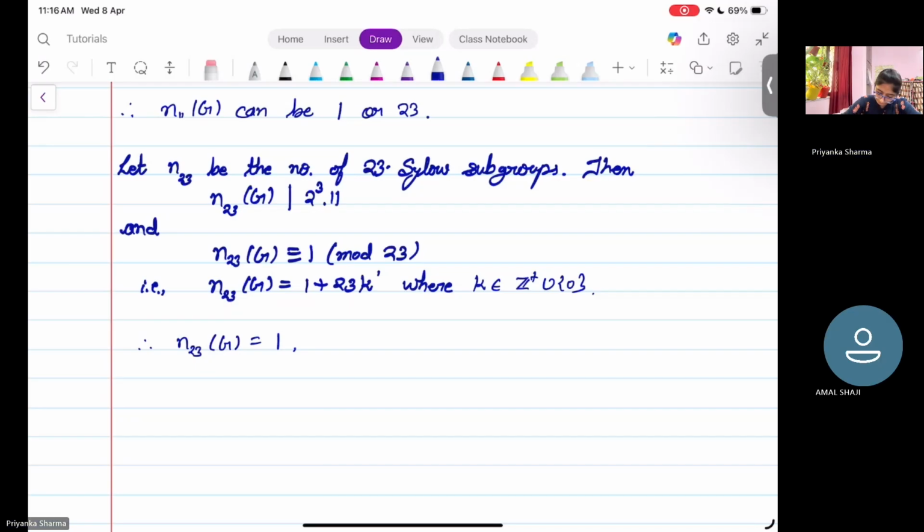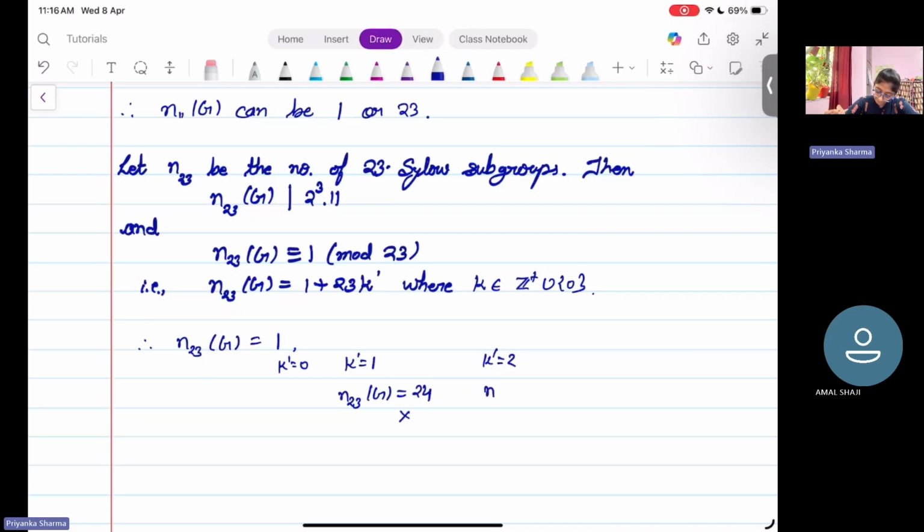This is for k' equals 0. What about k' equals 1? If you take k' equals 1, we can have n23(G) as 23 into 1 plus 1, that is 24. So 24 is not a divisor of 88, so this cannot be a case. What if k' is 2?